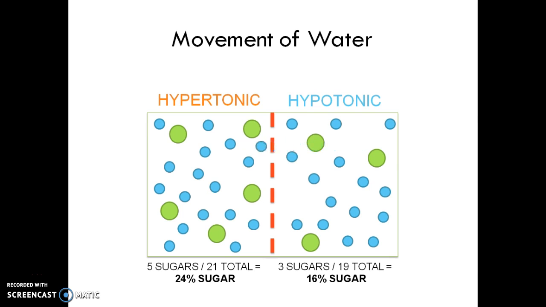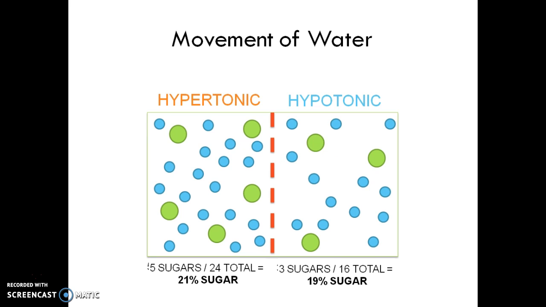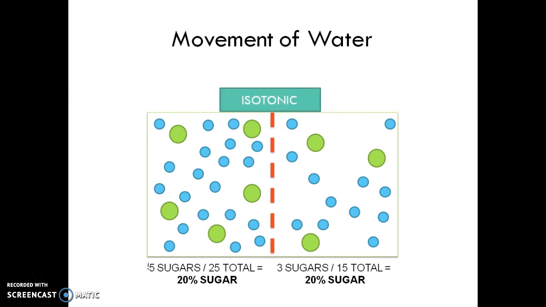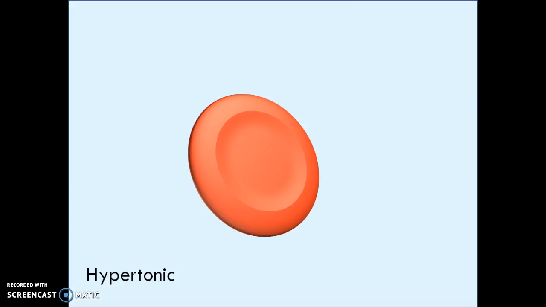The concentration on the left-hand side gets less concentrated, and the solution on the right-hand side gets more concentrated, until eventually our solutions have evened out, and now our solutions are isotonic, and we no longer need any net movement of water. So remember, water is always going to move to create equal concentrations, or equilibrium.